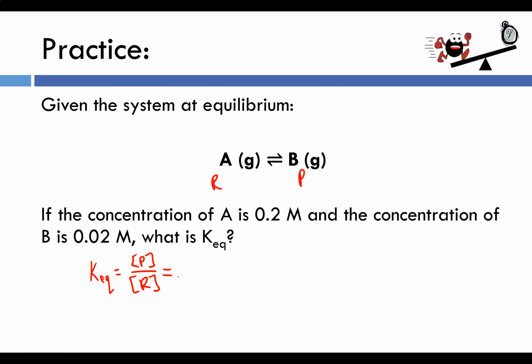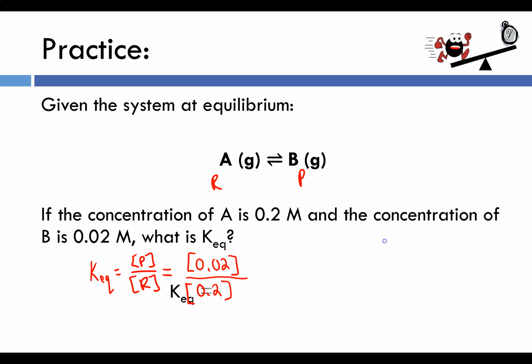I know my equilibrium concentrations. B, which is my product, is 0.02 molar. Those brackets mean molarity, so I can leave out my unit. And A is 0.2 molar. Now, you probably didn't need to calculate Keq to determine which of these two reactions, forward or reverse, is favored at equilibrium, but why not?